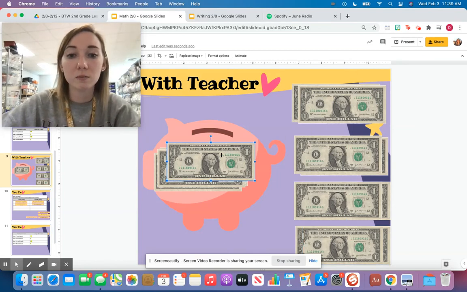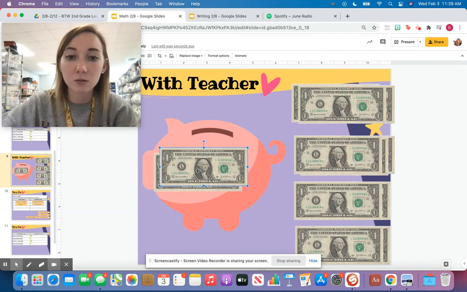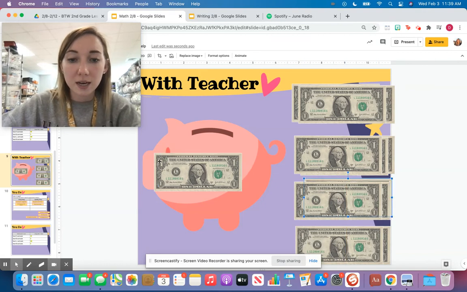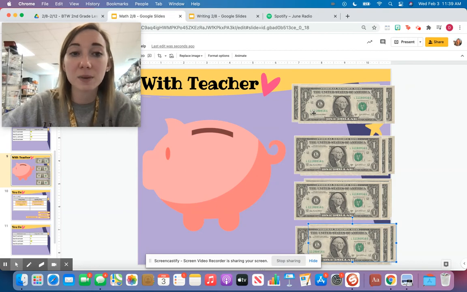So we have 2. Let's keep sorting it out. We're separating into those 4 weeks. 2, 3, 4. And guess what? I have no more money to sort. So if I took all those $12 and separated them into equal groups and said, how much am I saving each week? How many dollars were in each group?